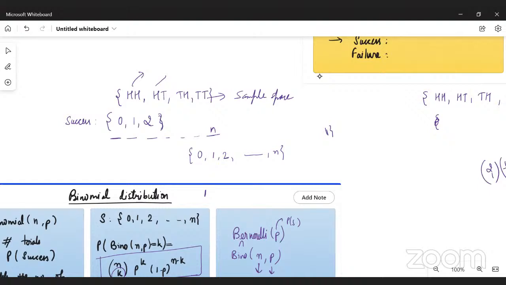The number of heads can be either 0 or 1 or 2. So this is the range of values it is going to take. It all depends on how you have defined your event to be. Okay, ma'am, got it.